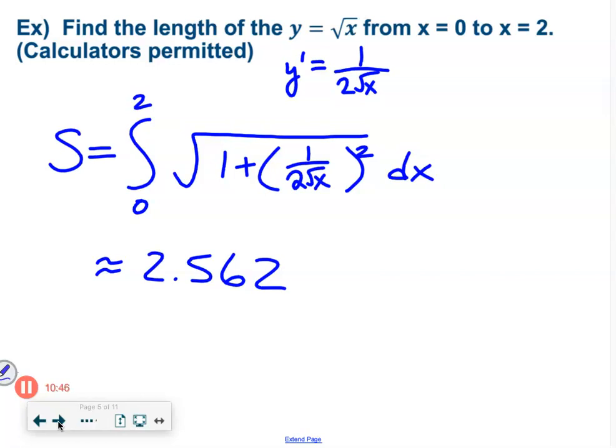How many of you have an 89? Just one of you has an 89? Okay. So, just so you know, there's an arc length formula on the 89.